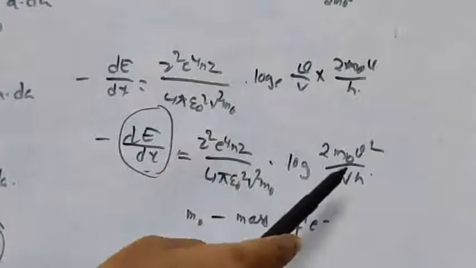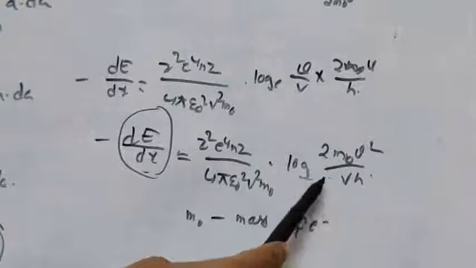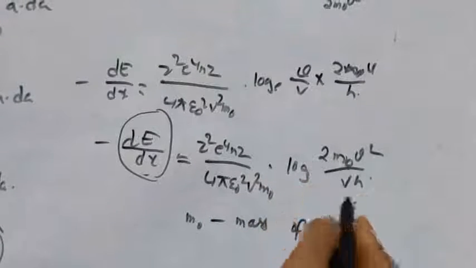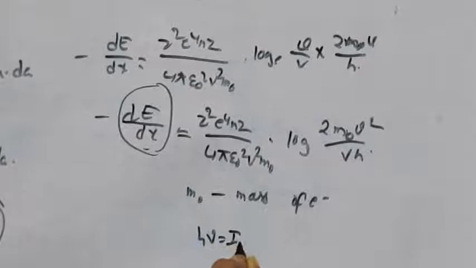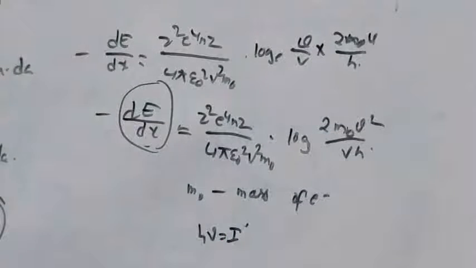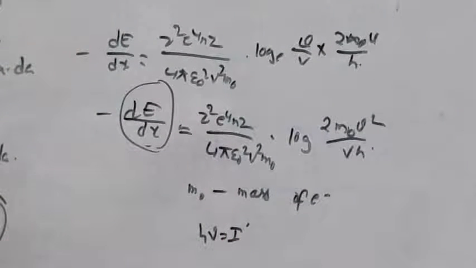Okay, this h nu is equal to I, and I is nothing but the ionization potential.